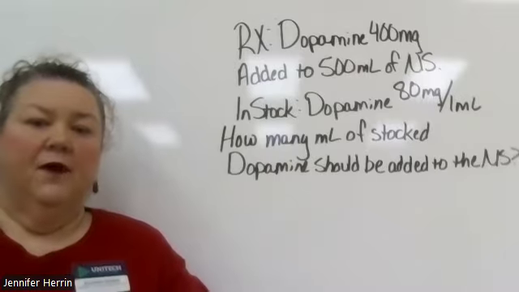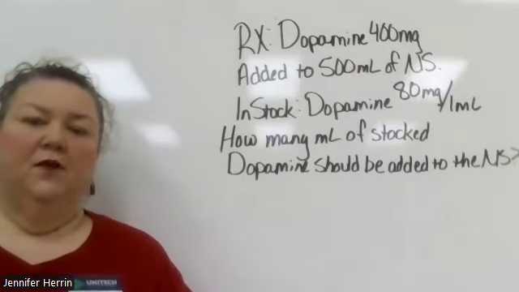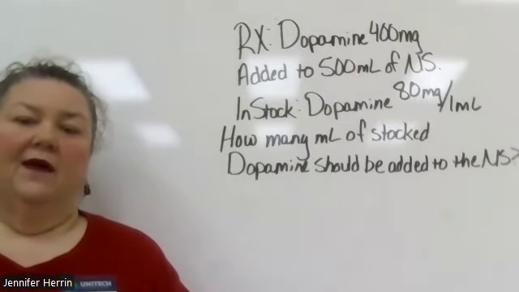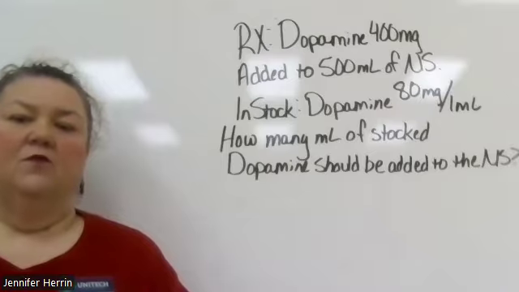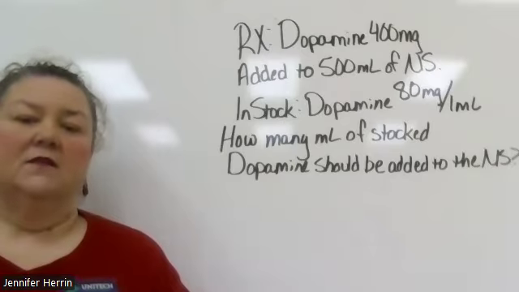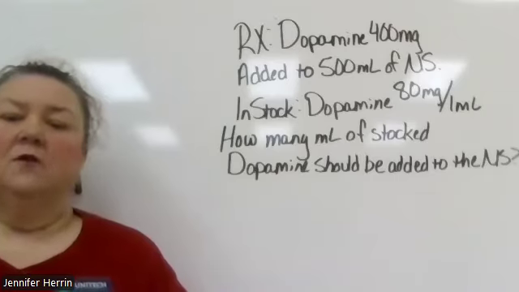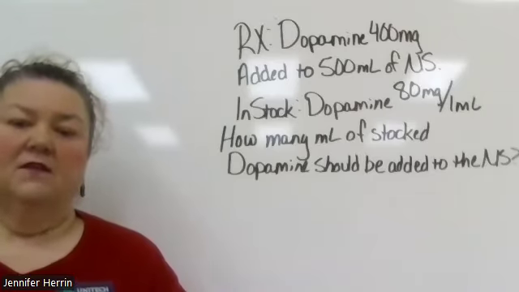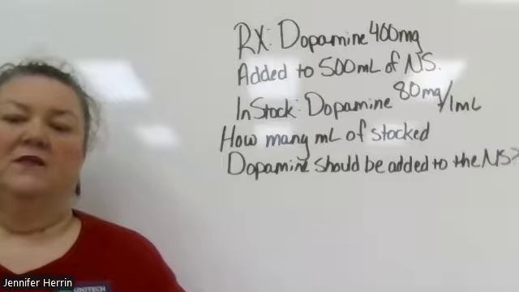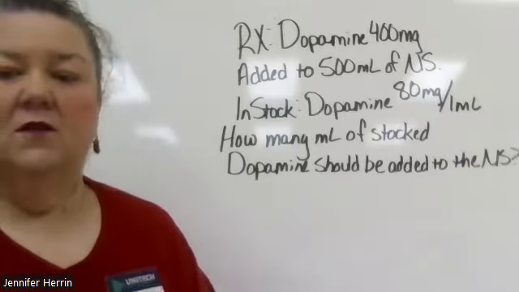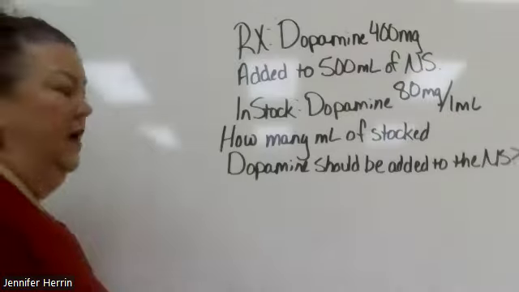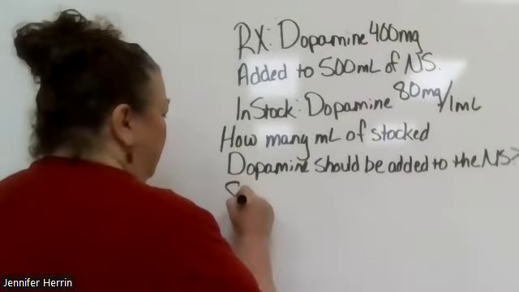Okay, for this example, we have an RX of dopamine 400 milligram. We're being told to add that to 500 milliliters of normal saline. However, in stock, what we have is dopamine 80 milligrams per milliliter. So we're being asked how many milliliters of that stocked dopamine should be added to the normal saline. So let's start with what we have, which is 80 milligrams per ml.